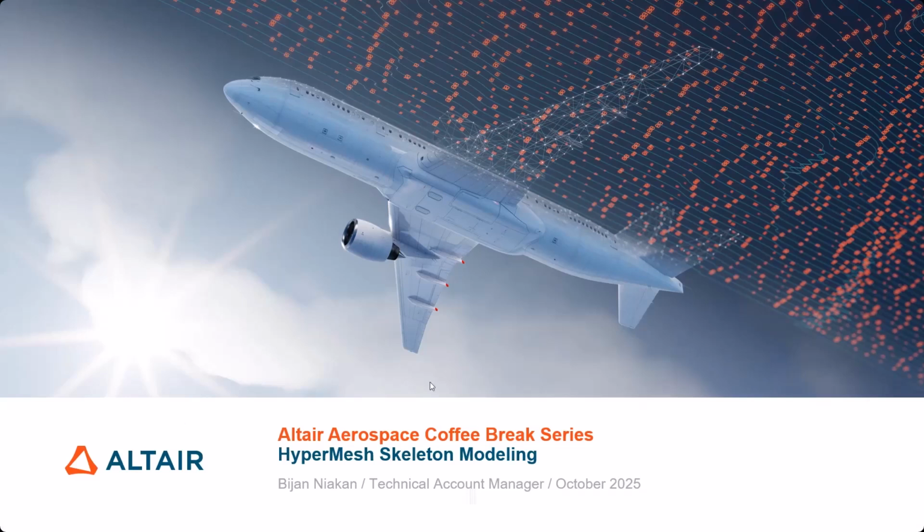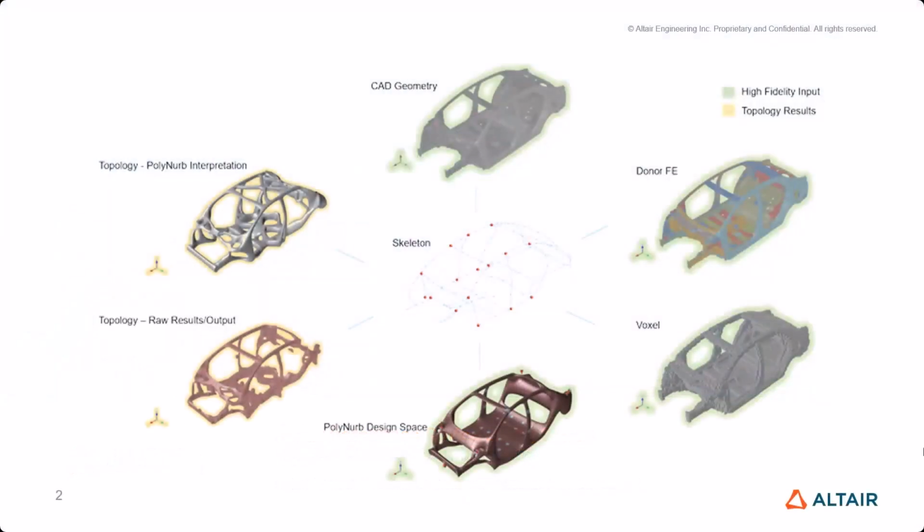Okay. So first of all, getting into skeleton modeling a little bit. This is really a workflow for creating reduced order models from some source, either CAD geometry, finite element topology, voxel topology, or even interpretations of some topology optimization.